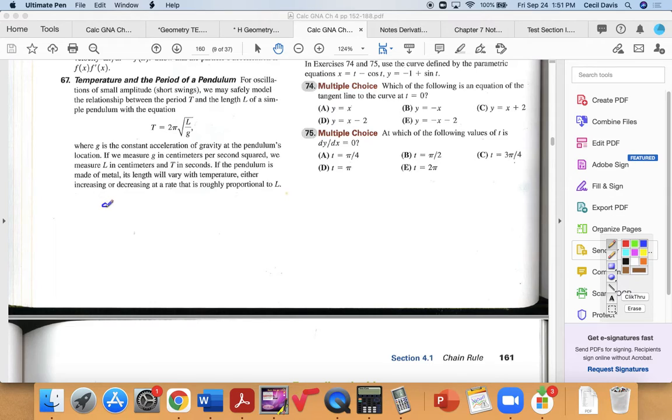So we know that dy dt is going to be cosine of t, and that dx dt is 1 plus sine of t. So then dy dx is going to be cosine of t over 1 plus sine of t.